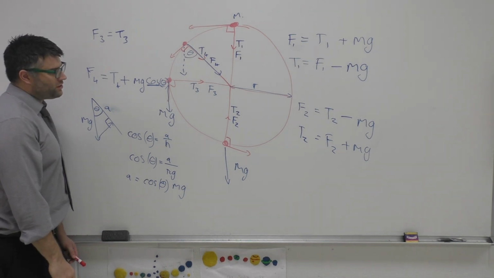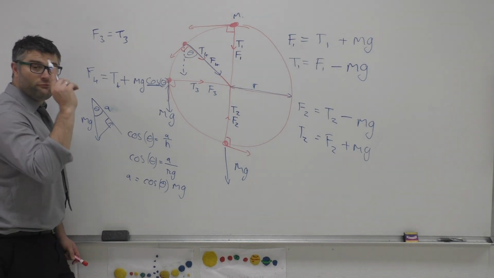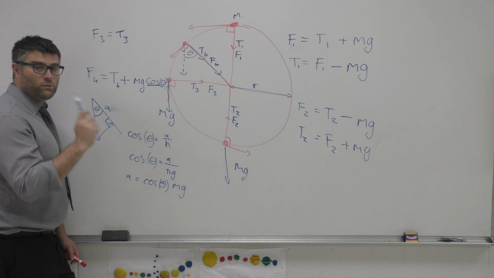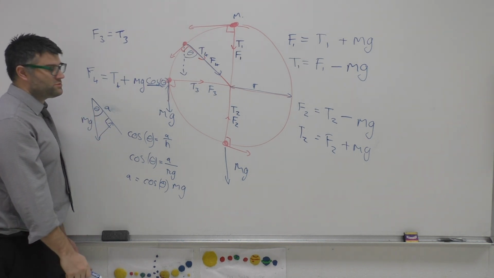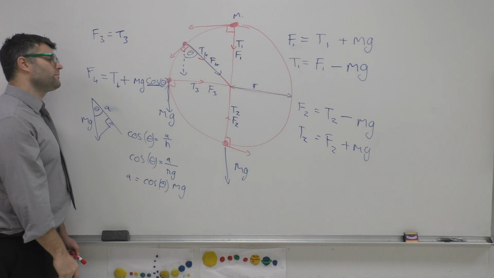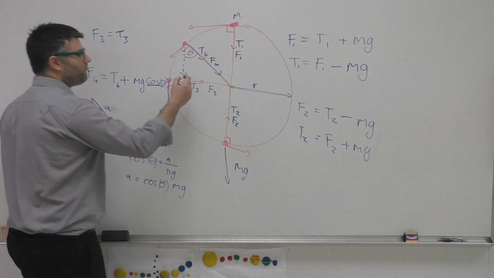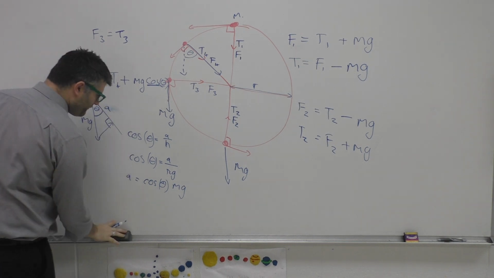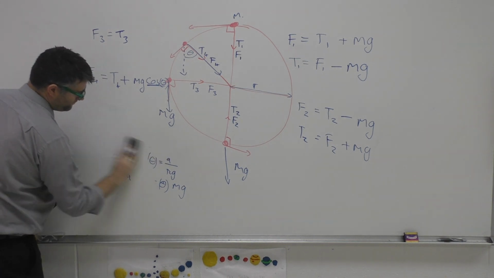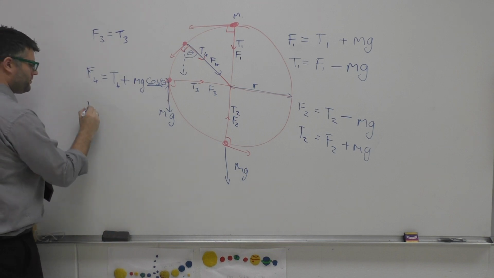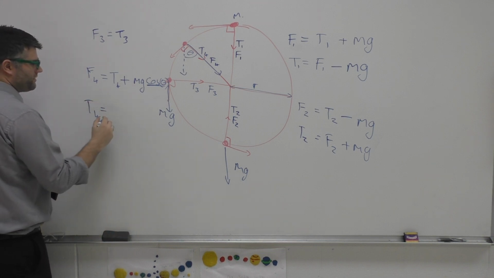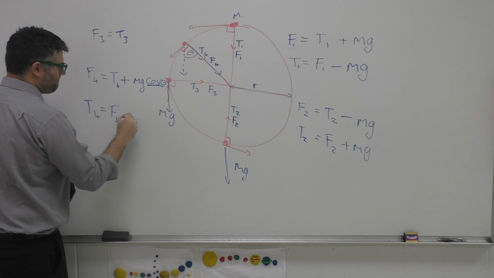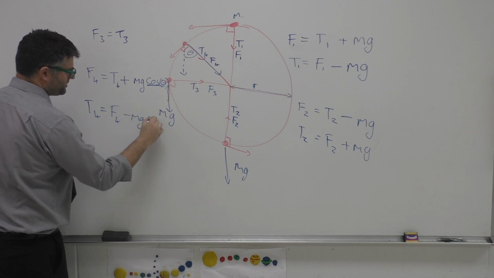Being able to know your trigonometry, be confident with it, and remember that golden rule: the weight is always the hypotenuse when finding out components of it. So, finally, we can see that T4 now is going to be equal to F4 minus mg cos theta.